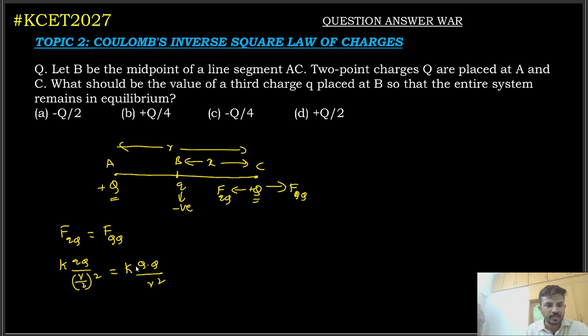K gets cancelled, Q gets cancelled, R square gets cancelled, the 4 goes up. 4q is equal to Q, that is q is equal to Q by 4, but this charge should be negative. Here we have Q by 4, that is option C is correct, because small q is negative.